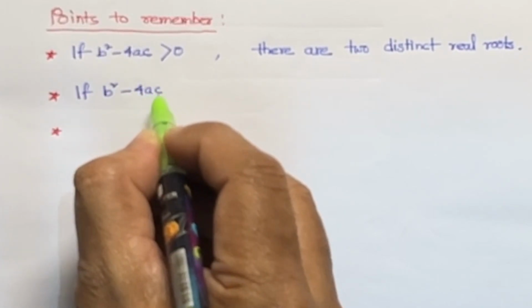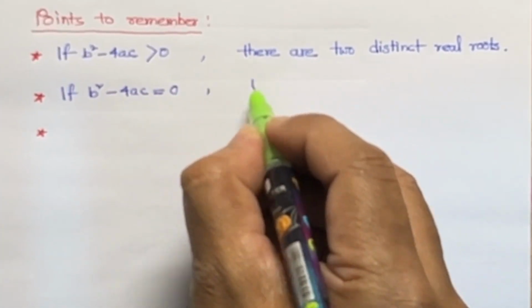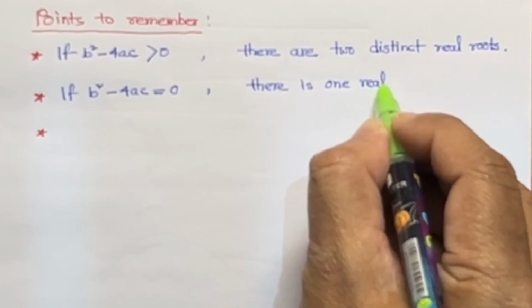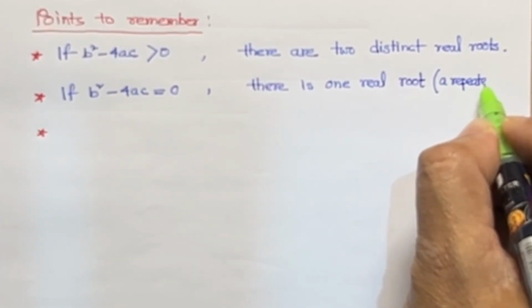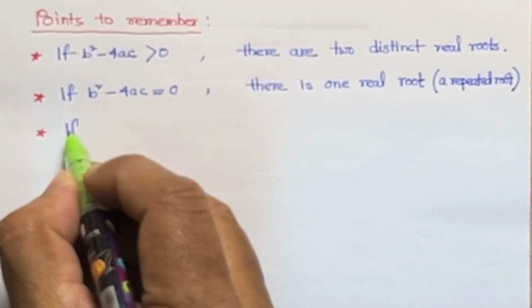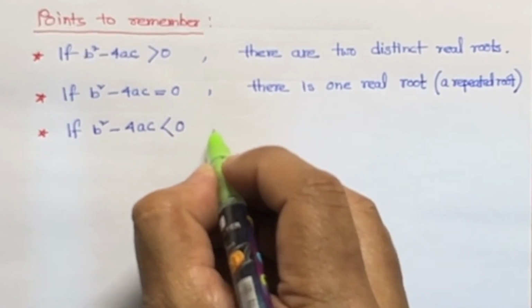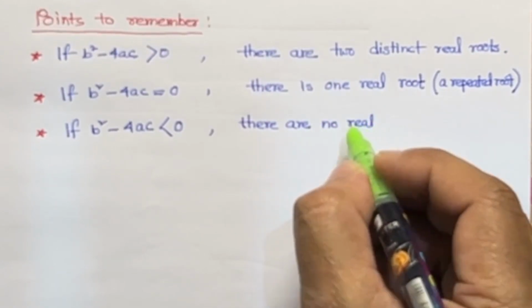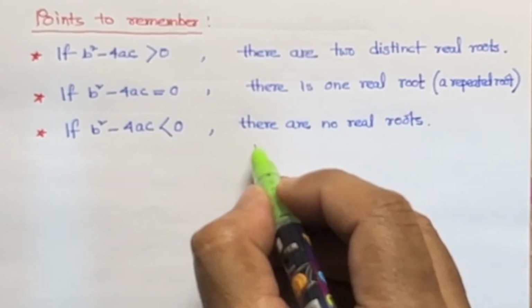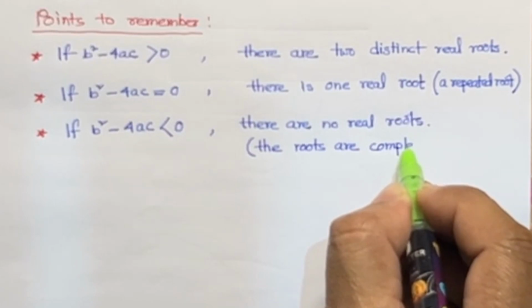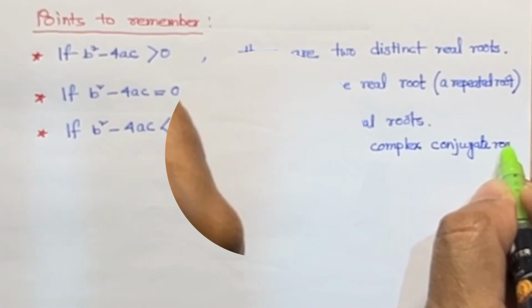Number 2, if b square minus 4ac equal to 0, there is 1 real root and it is a repeated root. Number 3, if b square minus 4ac less than 0, there are no real roots. That means the roots are complex conjugate roots.